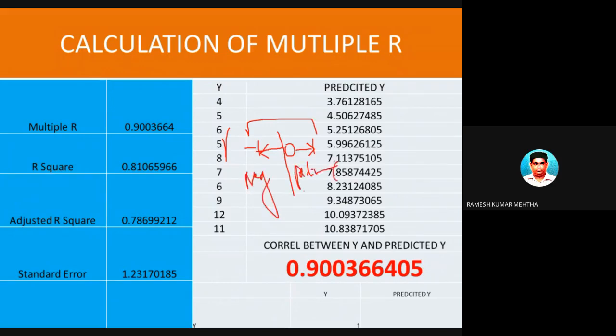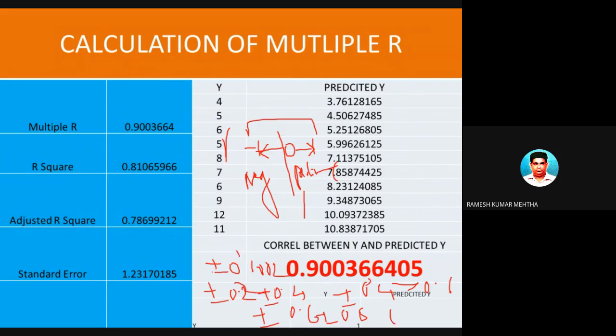Now, if the results of r are between plus or minus 0 to 0.2, plus or minus 0.2 to 0.4, plus or minus 0.4 to 0.6, plus or minus 0.6 to 0.8, and the last one, plus or minus 0.8 to 1.